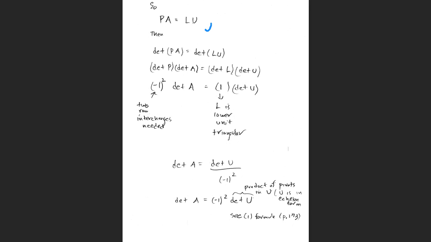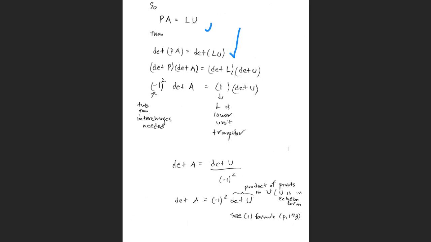And we can take the determinant of both sides of that equation. Okay, P times A is a square matrix, L times U is a square matrix. If we take the determinant of the left side, we have to take the determinant of the right side.